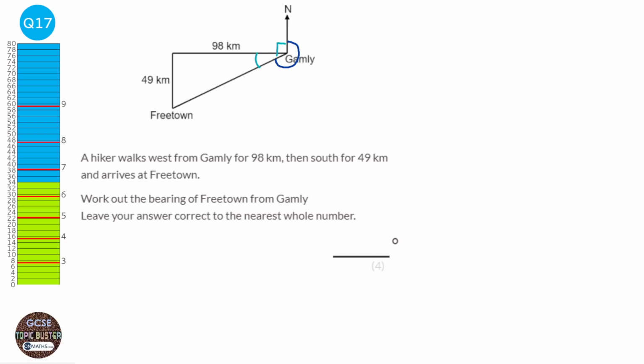So we can work out what the bearing is if we know that angle inside the triangle. So we're going to start by labelling the sides. Well, we've got a 90 degrees here, we've got a hypotenuse here, we've got the adjacent here next to the angle, and we've got the opposite, which is across from the marked angle. Here we're not using the hypotenuse, so we can cross that out. And we can do our SOHCAHTOA.